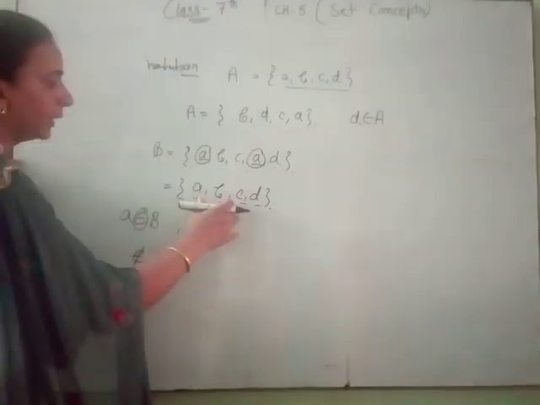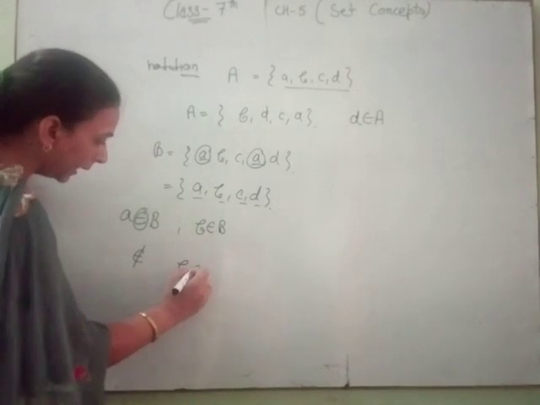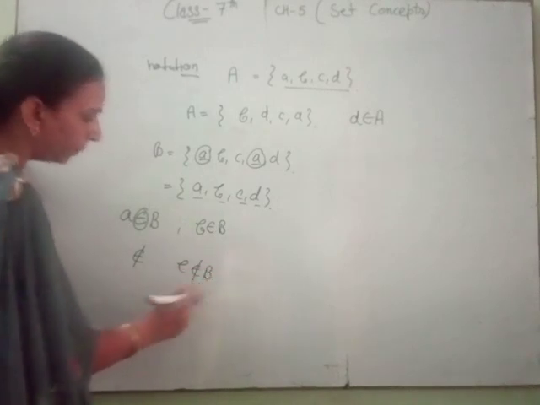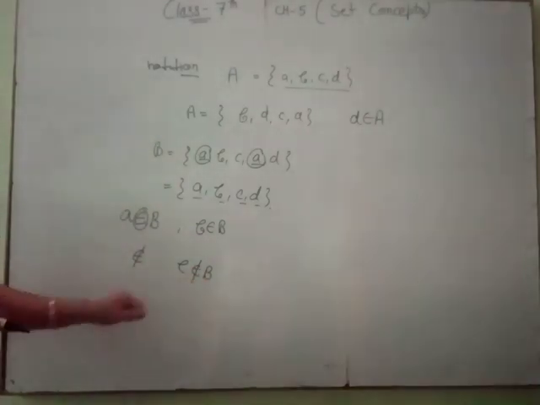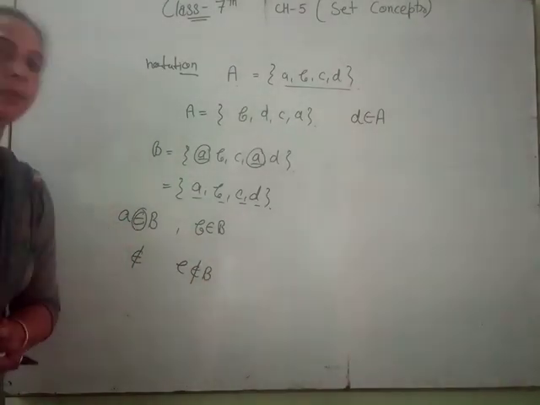For example, if E is not in set B, we write E does not belong to set B. This is the notation of not belongs to, and this is the notation of belongs to.